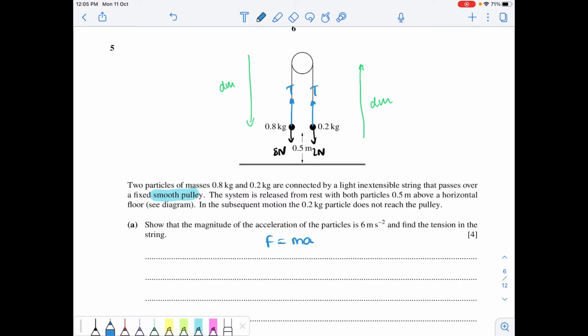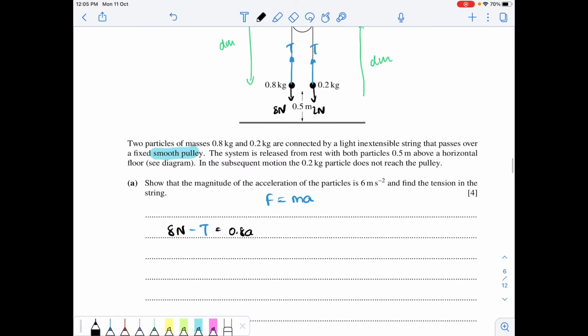So if we look at the 0.8 kilogram particle, the 8 newtons is going in the direction of motion, and the tension is going in the opposite direction. So we're going to subtract it. And this must be equal to its mass. Its mass is 0.8, and its acceleration is a, because we don't know it yet.